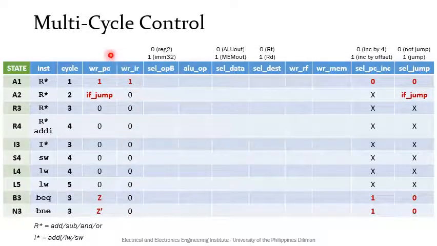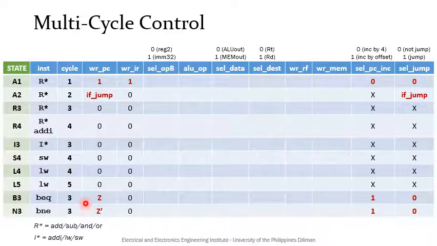Next, the PC is always written to at state A1 but can also be written at state A2 if the instruction is a jump, or at states B3 and N3 depending on the value of the 0 flag.